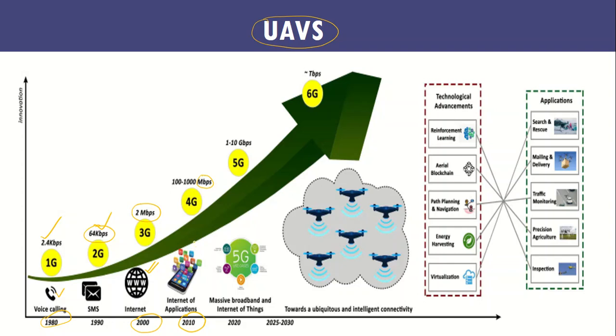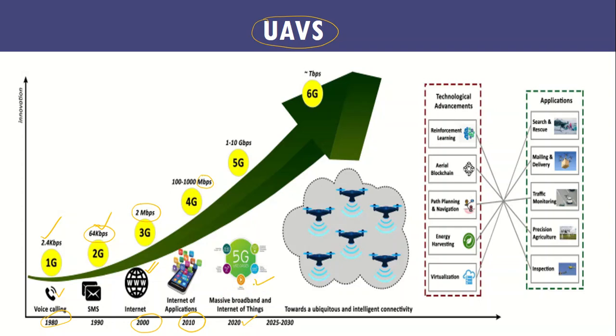Internet calling and other new features came at that time in 4G, and after 4G, around 2020, massive broadband and the internet of things were introduced in 5G.